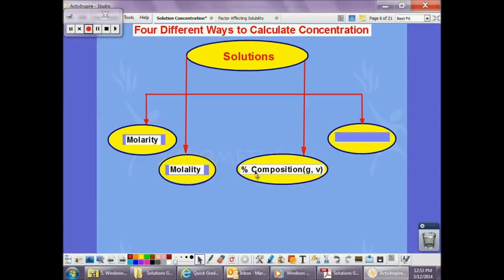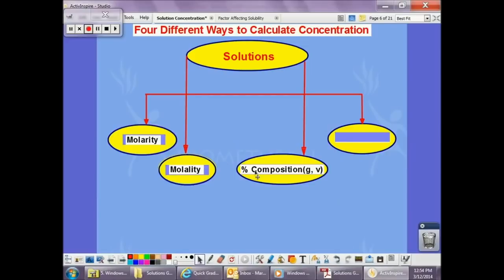Now, I'm going to split this into 2, so listen carefully. A third one is percent by mass. Another way to express, to calculate, to measure concentration is percent by mass. A fourth way is percent by volume.